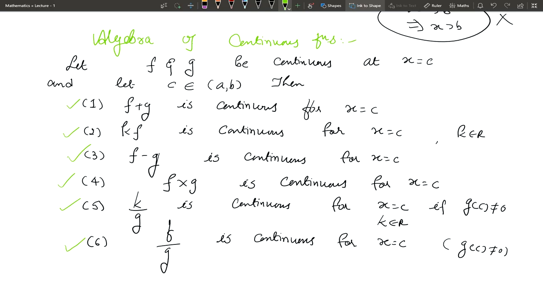That means whenever we discuss denominator, g of c should not be 0.